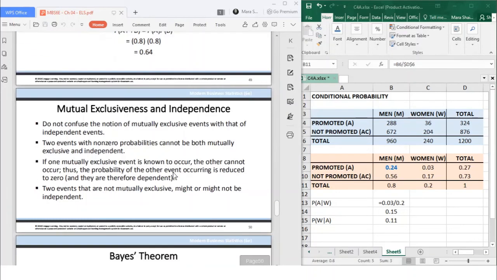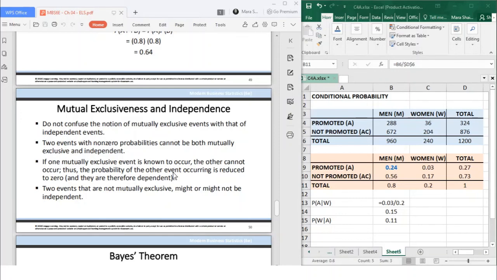Now, lastly, for the conditional probability, we have mutual exclusiveness and independence. You should not confuse the notion of mutually exclusive events with that of independent events. Two events with non-zero probabilities cannot be mutually exclusive and independent.